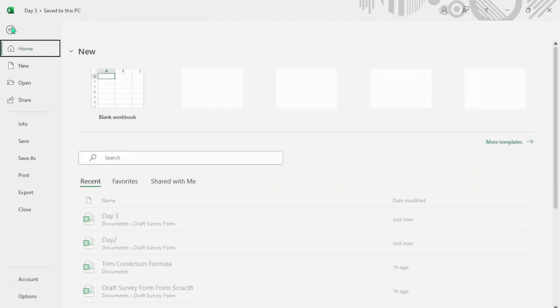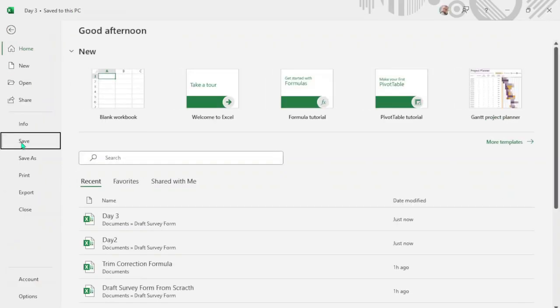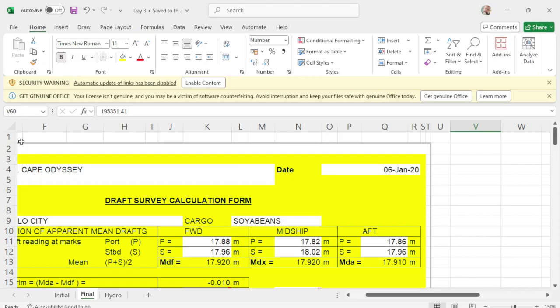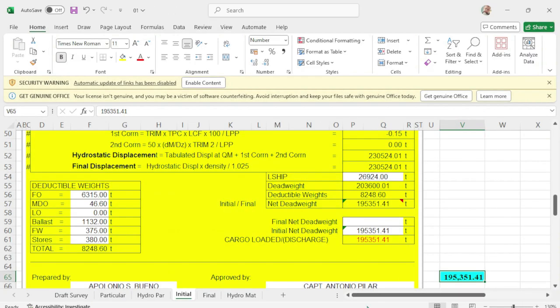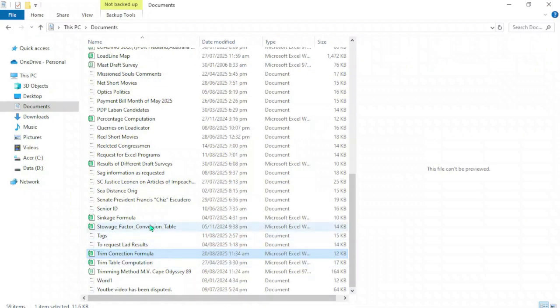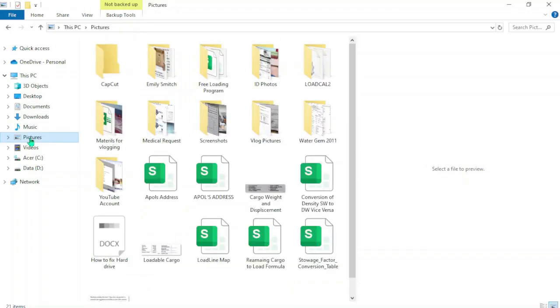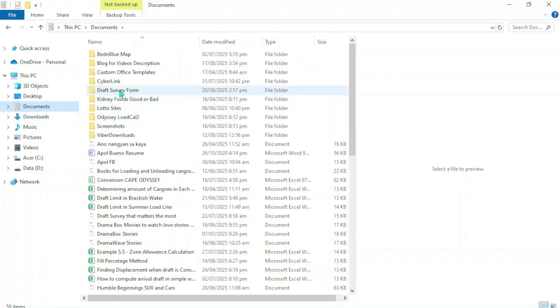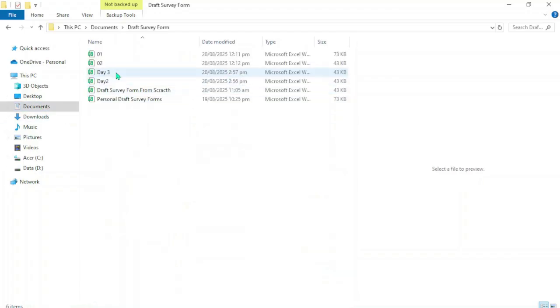Where did they go? File, save as. Okay, for example, take this one out. Where did they go? I think documents, then draft. See day 3, day 2, day 3, day 4.